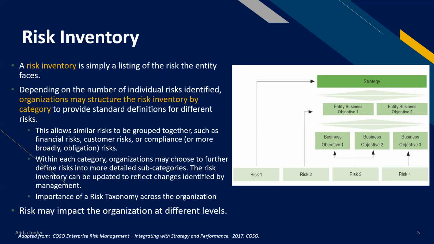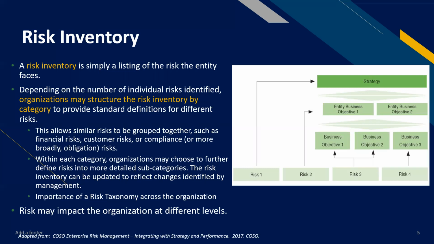Depending on the number of individual risks identified, organizations may structure the risk inventory by category. Some risks may be grouped together. So for example, risks related to interest rate. When interest rate changes, inflation changes, right? If interest rate changes, the cost of financing changes.